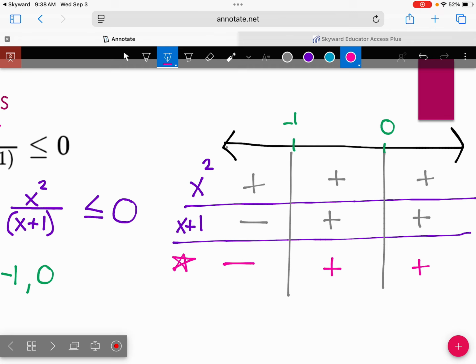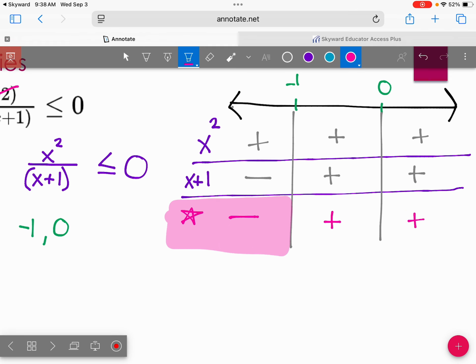So if we want to know when this is less than or equal to 0, which section are we looking at? The negatives. We're looking at this guy over here. Can we equal the -1? No, because it's in my denominator.